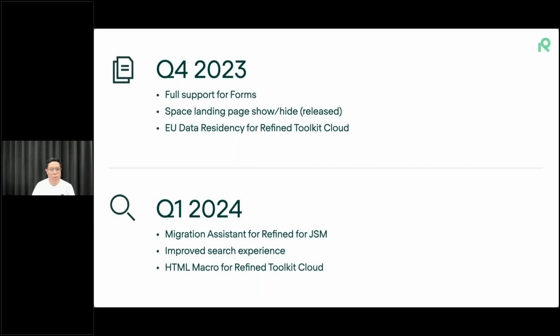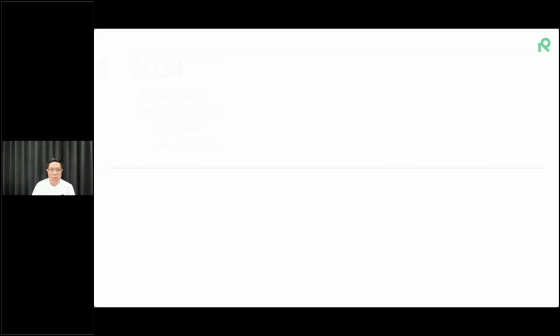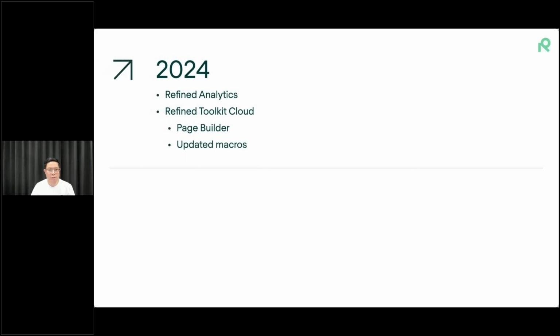Looking ahead in 2024, what we can share is that we will be working on Refined Analytics. This will help you monitor how your sites are used. So for example, page views, search terms, and other types of data points that can help you optimize your site.